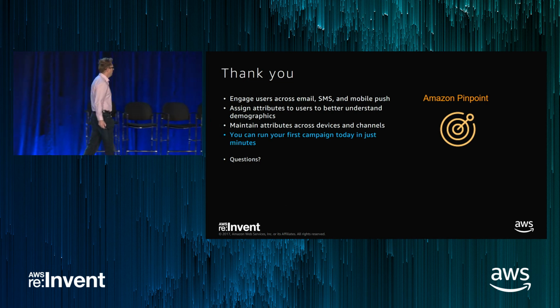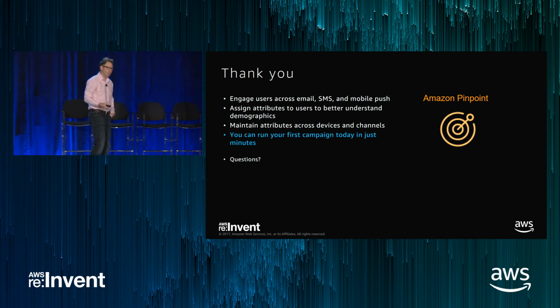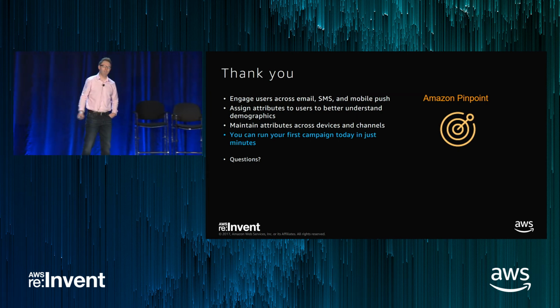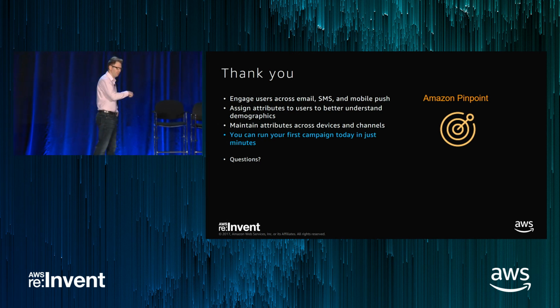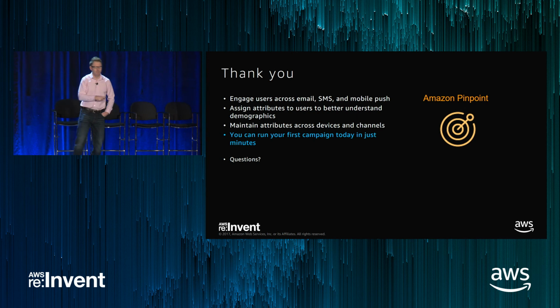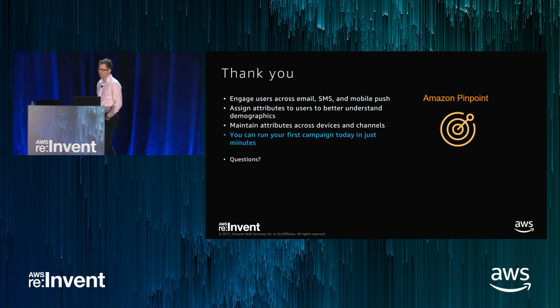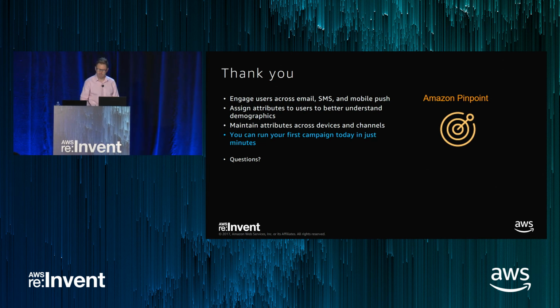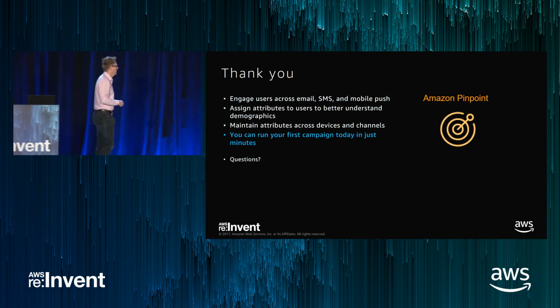So we covered using attributes to build demographics. We covered taking those demographics and turning them into segments that we can then build campaigns on top of, that you can message your customers with. That first campaign we ran, it just took a minute to upload a couple of endpoints and get that campaign underway.